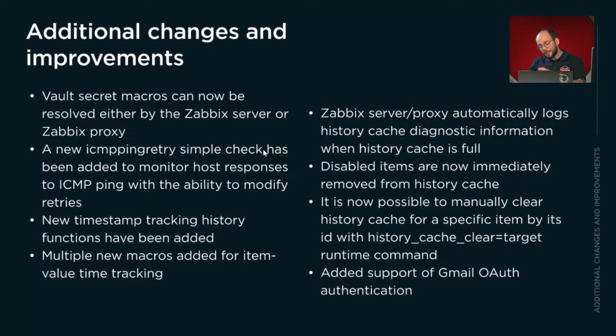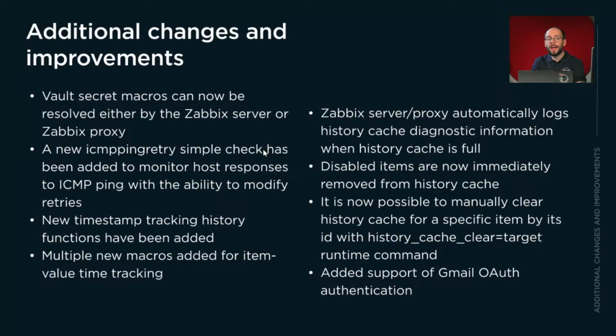Then for history cache, we've made various improvements and tools that you can use for history cache troubleshooting. Zabbix Server and Proxy now automatically log history cache diagnostic information when the history cache is full. Also, disabled items are now immediately removed from history cache, which should improve performance and save some space in history cache.